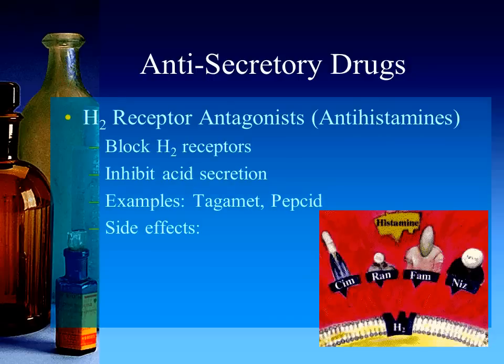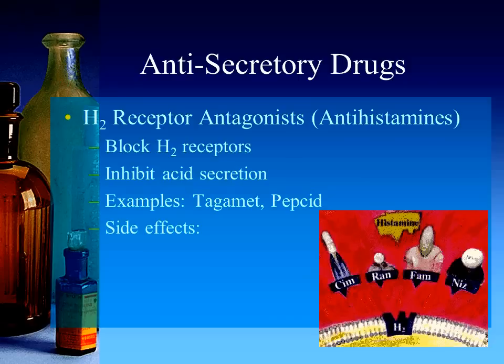The first one is H2 receptor antagonists. You should be familiar with this because of antihistamines. We talked about that with respiratory, but in that case, we were talking about H1 receptors. There are two types, H1 and H2. H1 tended to be present in the respiratory tract. H2 receptors are present in the stomach. And when H2 receptors are stimulated, they release acid into the stomach.